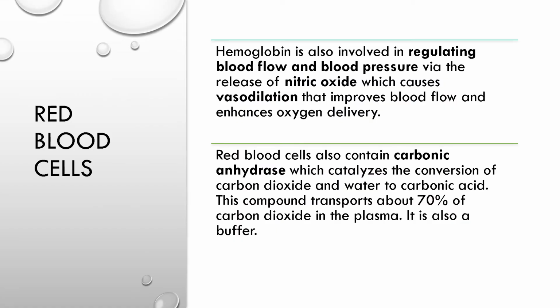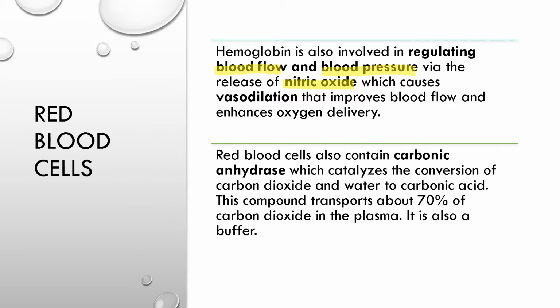In addition to its key role in transporting oxygen and carbon dioxide, hemoglobin also plays a really important role in the regulation of blood flow and blood pressure. The gaseous hormone nitric oxide, produced by the endothelial cells that line blood vessels, can bind to hemoglobin.